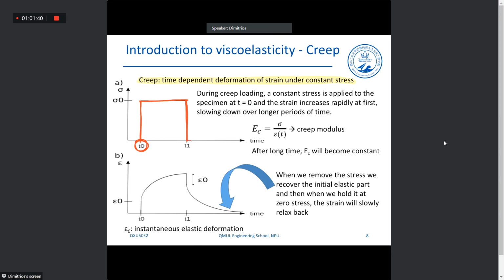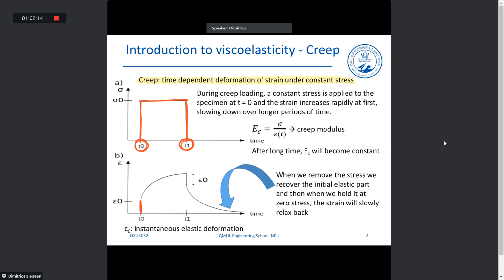And we want to study what is the response of the polymer under the constant stress. Because we apply some stress, there is a response in terms of the strain that is applied to the polymer. Okay? So in the beginning, we have a very fast increase of strain, which is called instantaneous elastic strain, or instantaneous elastic deformation.